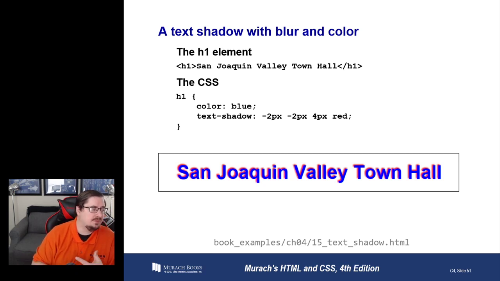The distance between the text and the paper is farther the bigger your offset is. So a small offset makes it look like it's pretty close to the text, so we usually stick with pretty small offsets. So -2, -2, we'll push it up and left instead of down and to the right. Give it a blur, and you can see it's red.